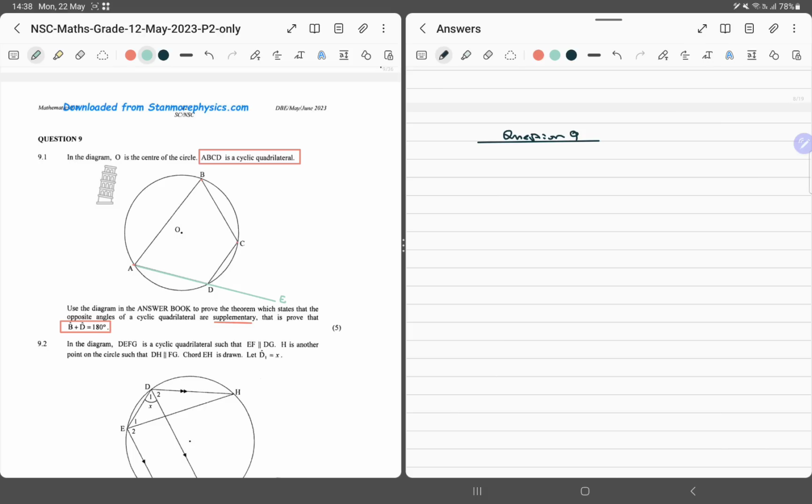But now what do I know? I know that this becomes the exterior angle of a cyclic quad. So these are angles on a straight line. I don't really even need to know that.